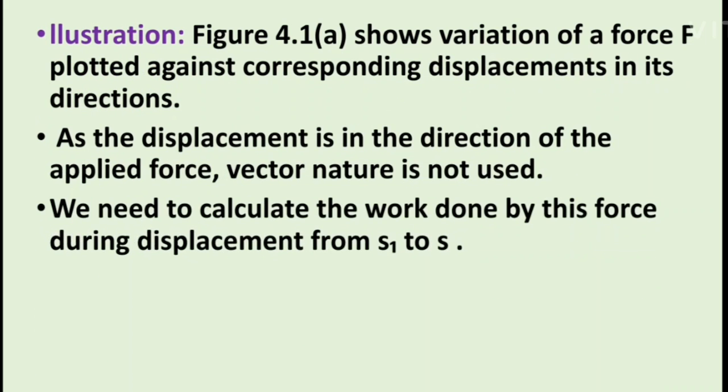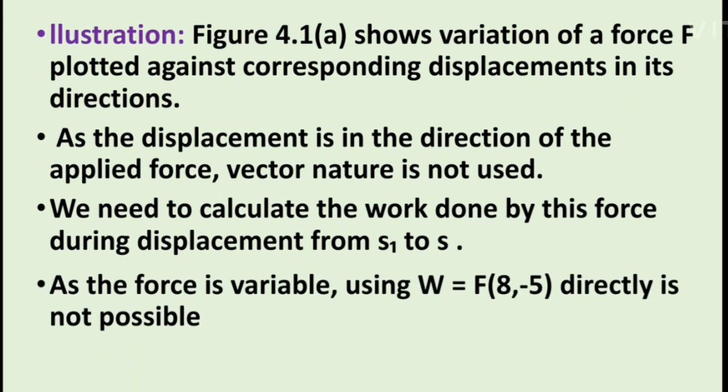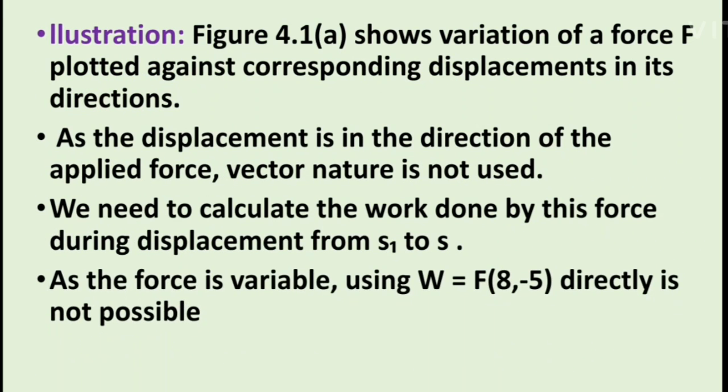We need to calculate the work done by this force during displacement from S1 to S2. As the force is variable, using work W equal to F S directly is not possible.